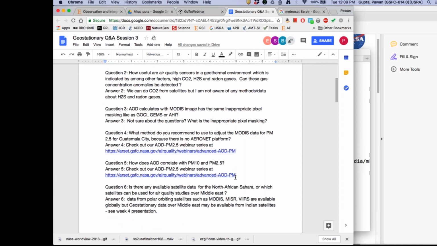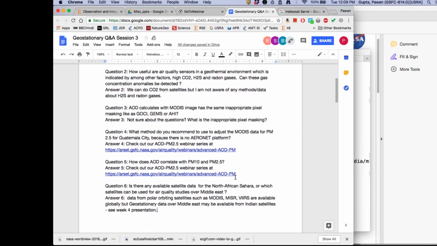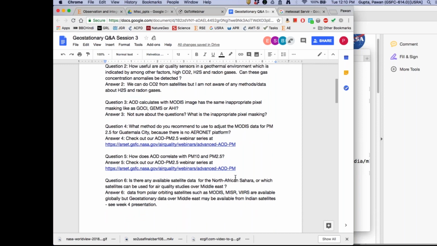What method do you recommend to use to adjust the MODIS data for PM 2.5 for Guatemala City because there is no AERONET platform? For converting aerosol optical depth into PM 2.5, we have done a number of webinar series on it, and I would strongly recommend to go over some of those series.